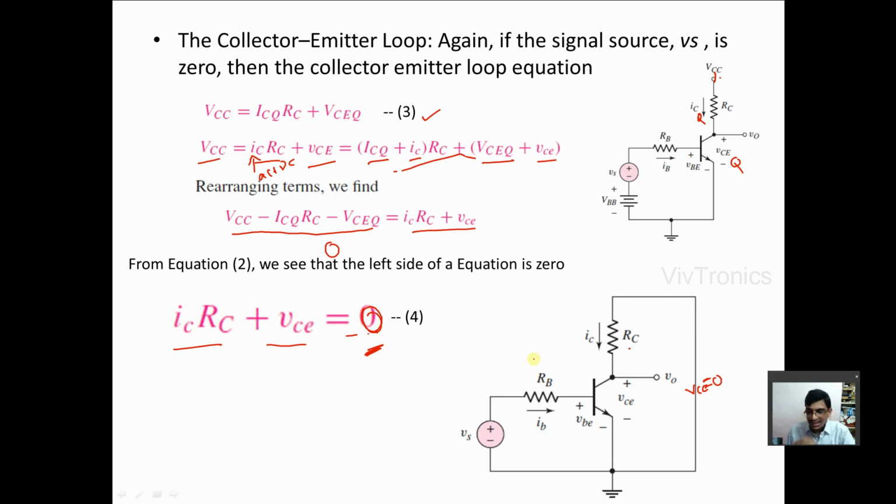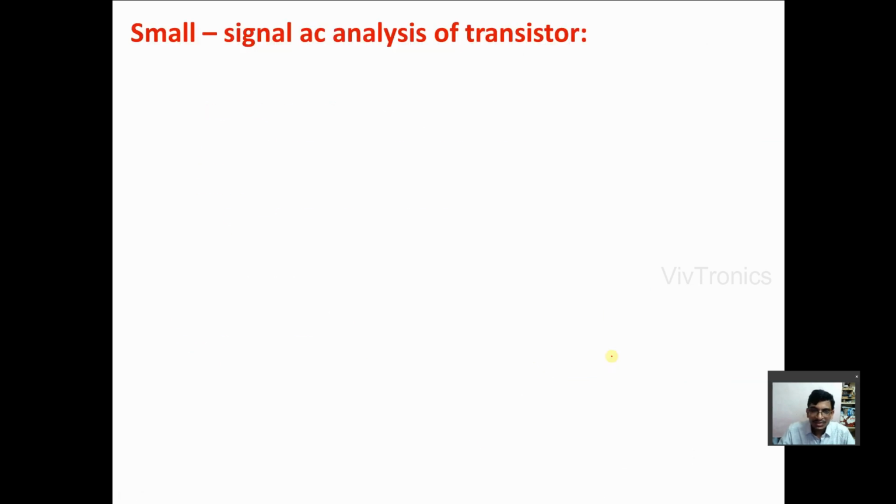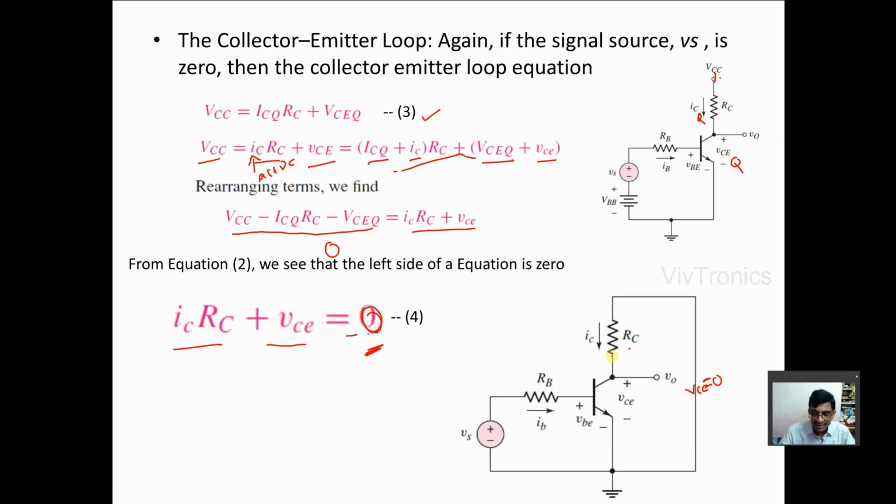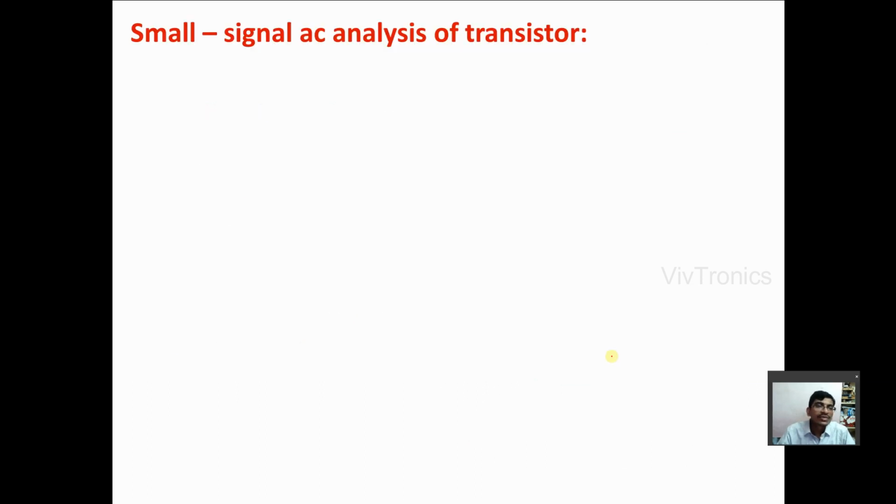So by using equations 3 and 4, we have drawn the AC equivalent circuit for our transistor amplifier. This is how we draw the AC equivalent circuit. In the next class, we are going to see the small signal AC analysis of a transistor, that is, we will find the equivalent circuit for that transistor.